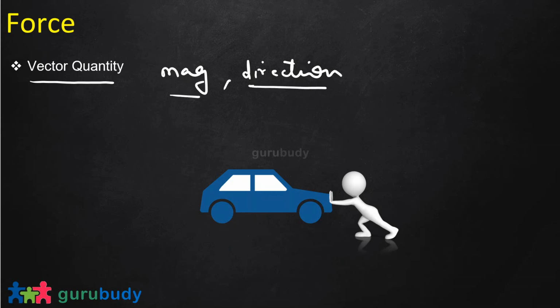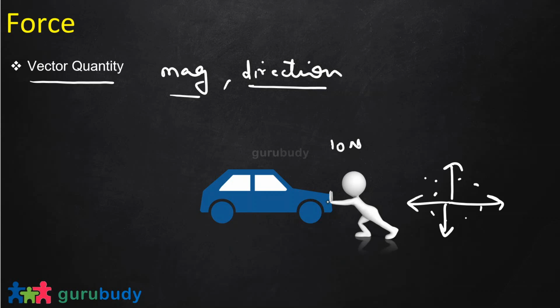So one quick example, as this person is pulling the car and applying some force, let's say he's applying the force of 10 Newton. Now if I say this person is applying the force of 10 Newton, that will not be enough, because then you will ask the question, well, he can apply the force in this direction, in this direction, or there are an infinite number of directions where this person can apply the force.